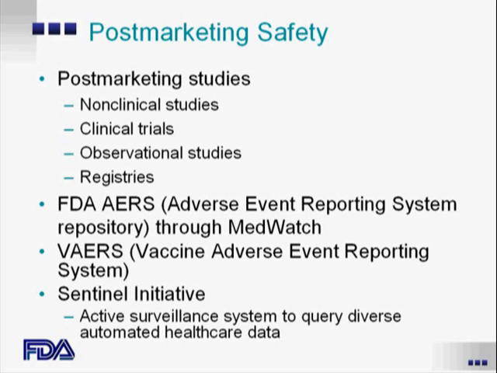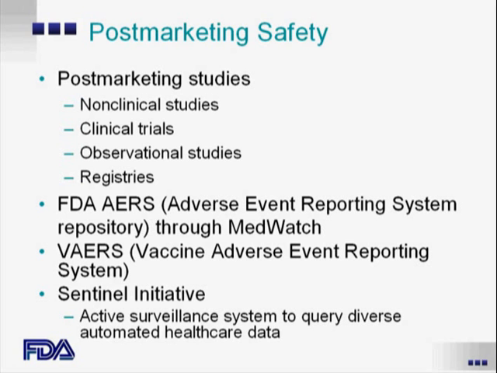We draw safety information from the non-clinical studies, additional clinical trials for the same indication, maybe for a different patient population, for different indications, for observational studies, and we have registries depending on how the product performed prior to approval to draw a lot more safety information when drug finally reaches the market.